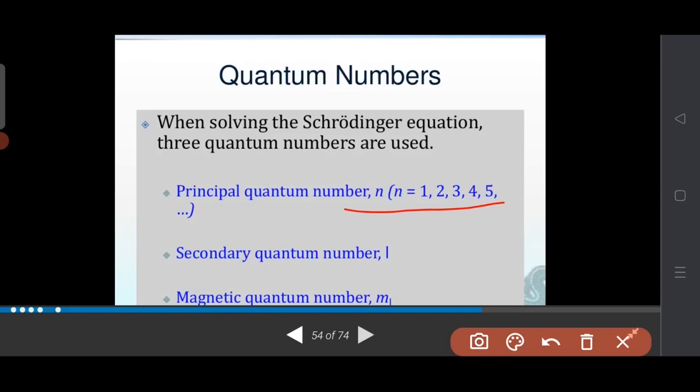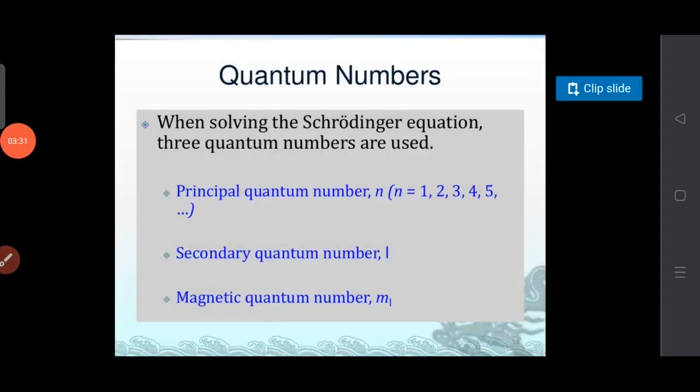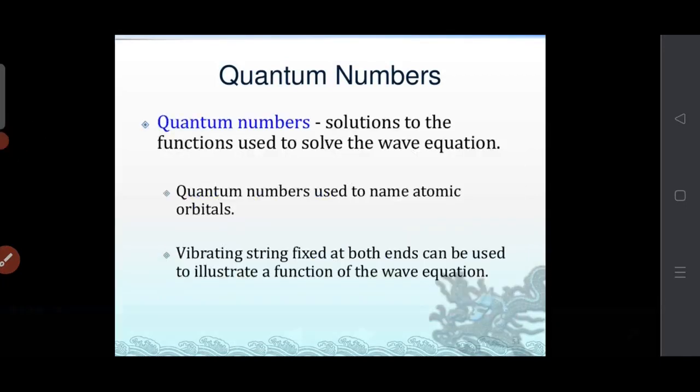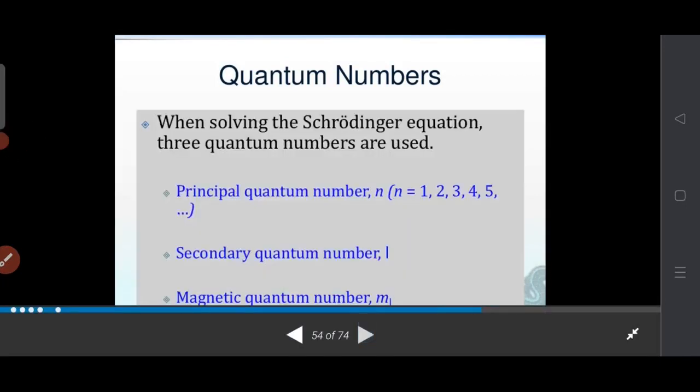The azimuthal quantum number we indicate by l, and the magnetic quantum number we indicate by ml. And one more is the spin quantum number.